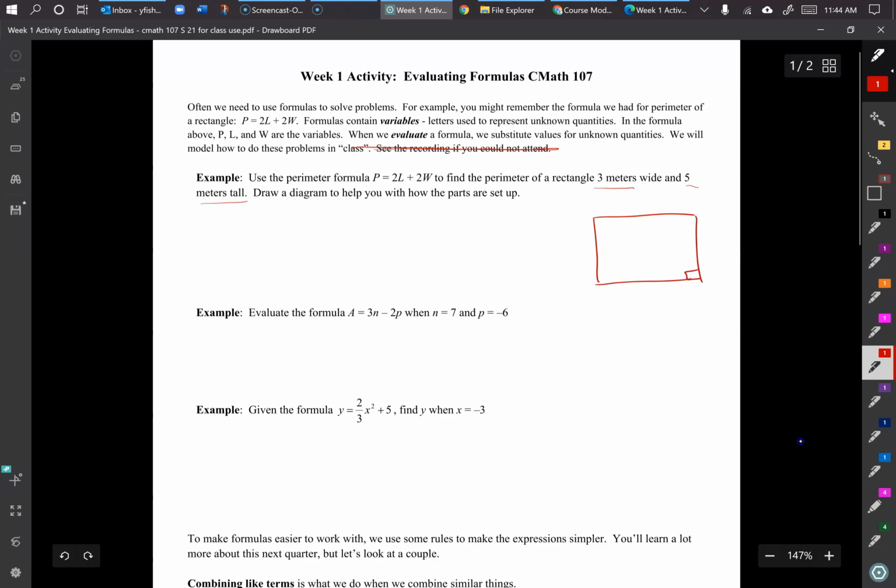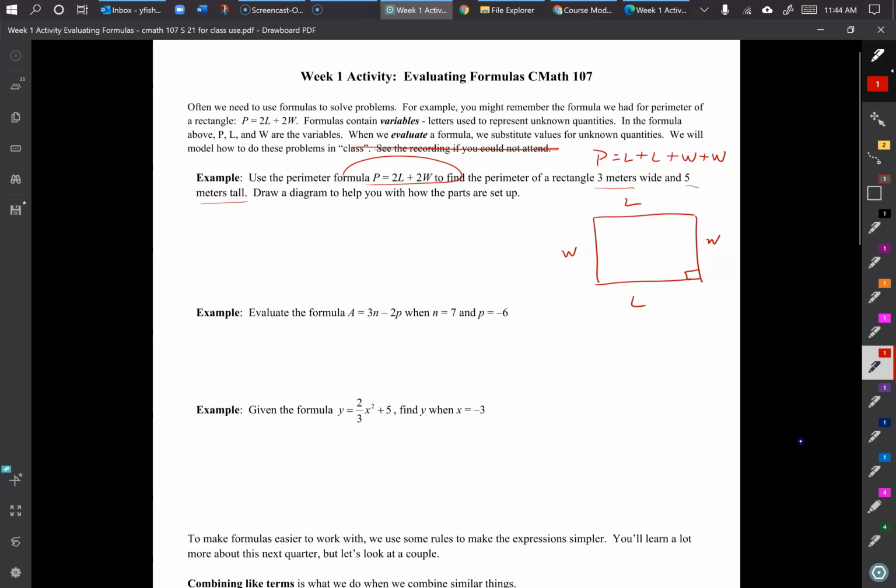And we can note a little 90 degrees in the corner. Here we have the width and the length, and we just add up all the sides. So for our formula, it's really L plus W plus L plus W. So I'm just combining like terms and getting this formula here.